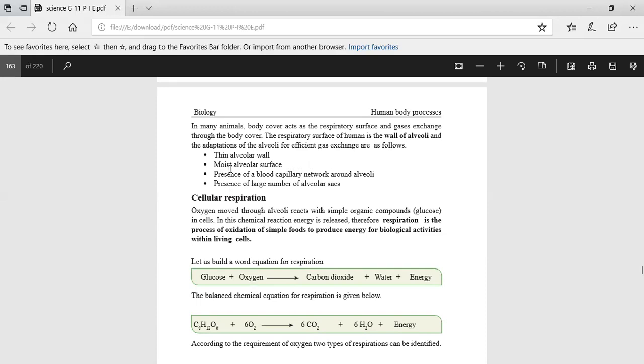A thin alveoli wall, a moist alveoli surface, thin and moist, the presence of a blood capillary network around the alveoli, and the presence of a large number of alveoli sacs.